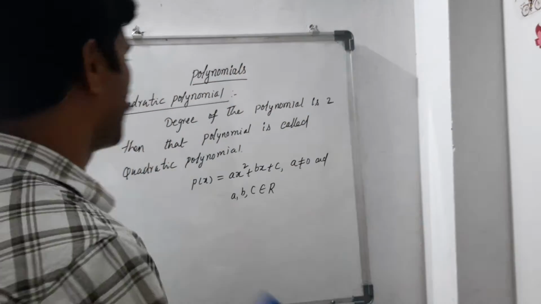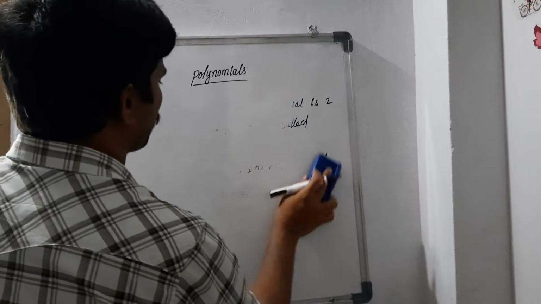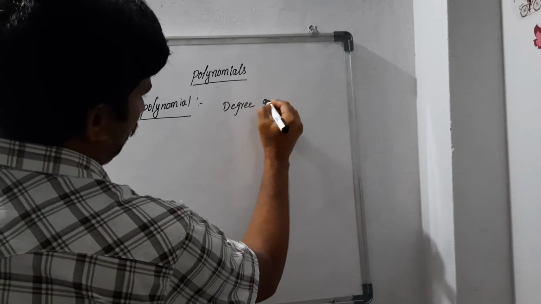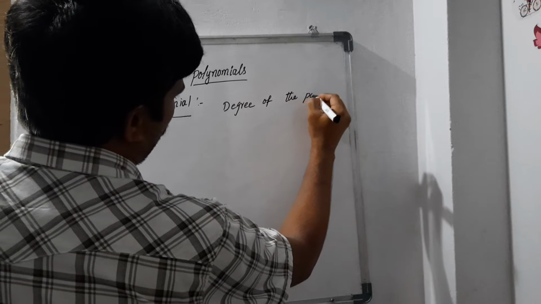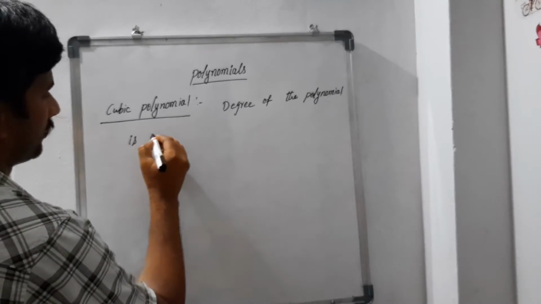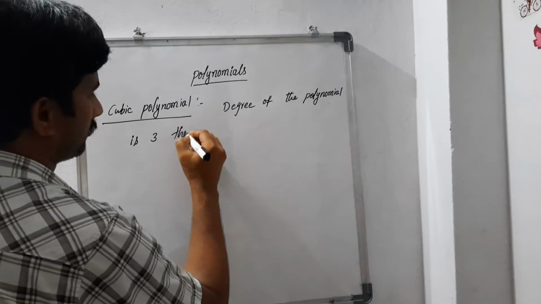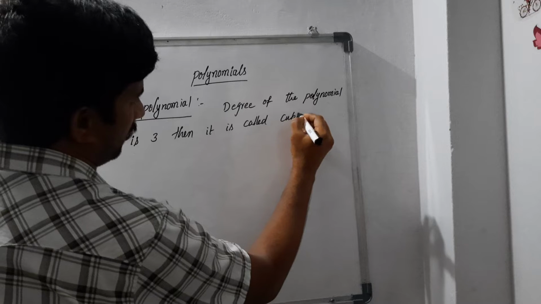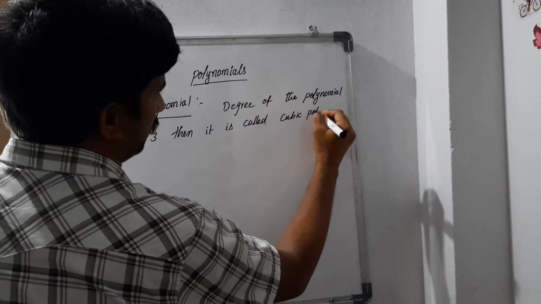Now the next one is the cubic polynomial. If the degree of the polynomial is 3, then it is called a cubic polynomial.